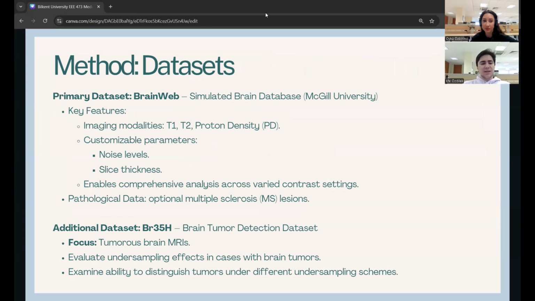It's a simulated data set, and it has different imaging modalities, and we can adjust noise levels, slice thickness, and also RF homogeneity. We also use the brain tumor detection data set. It mainly includes tumorous brain MRIs, and we used it to distinguish the tumor in a brain without undersampling and with undersampling in order to see the accuracy of the undersampling methods.